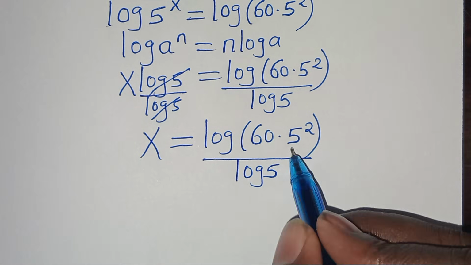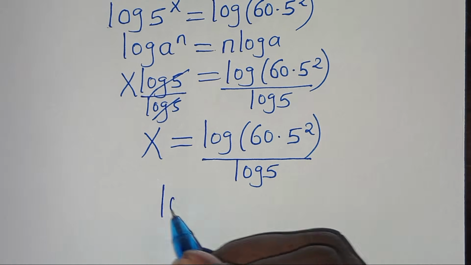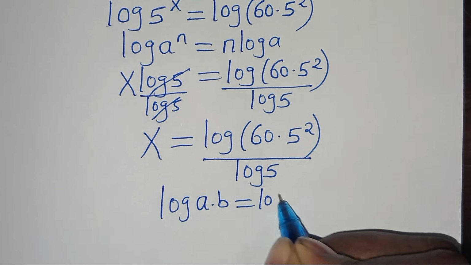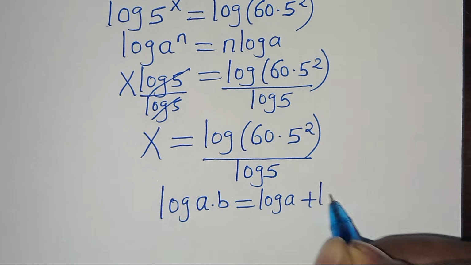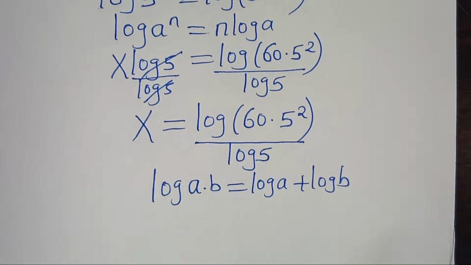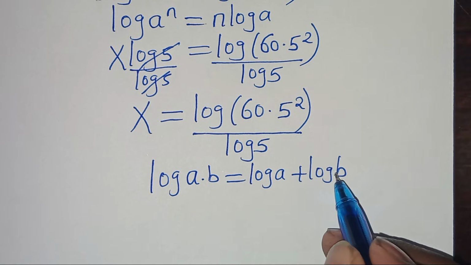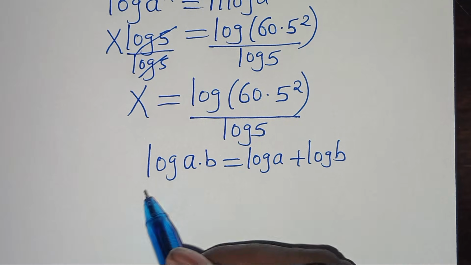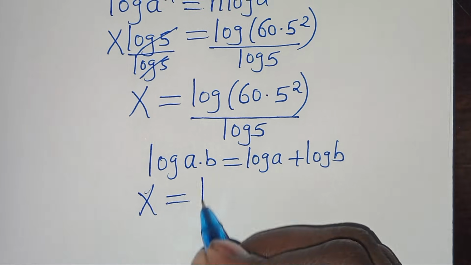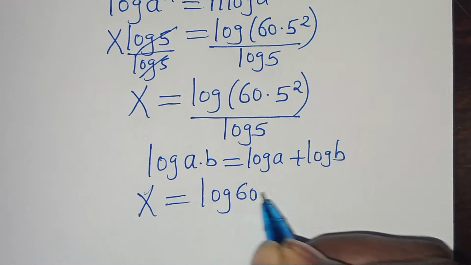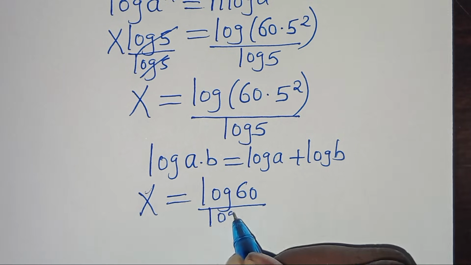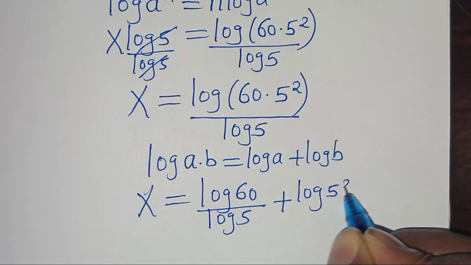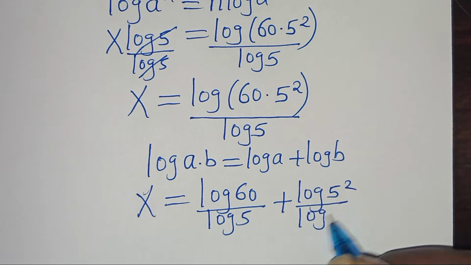Now, log of 60 times 5 to the power of 2 is in the form of log a multiplied by b, which we can express as log a plus log b. Applying this logarithm property, log of 60 times 5 to the power of 2 can be expressed as log 60 divided by log 5, plus log 5 to the power of 2 divided by log 5.